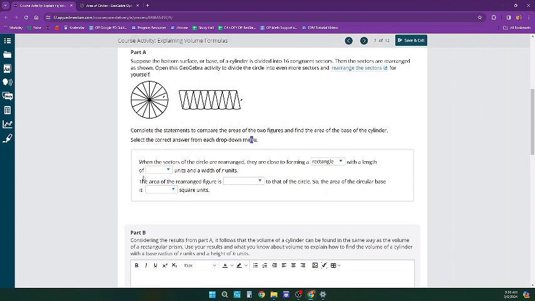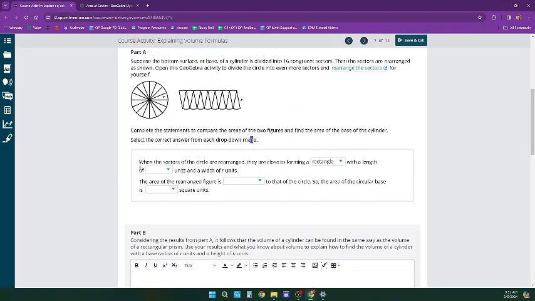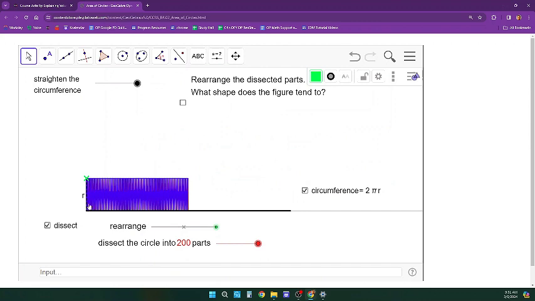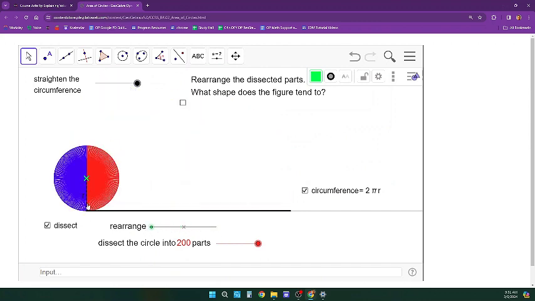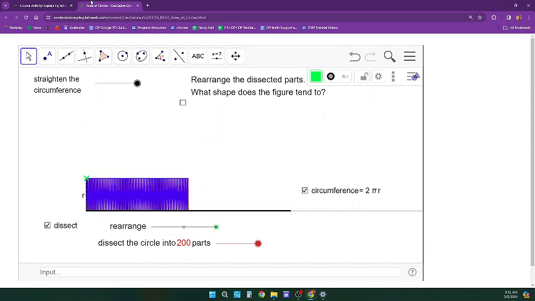So let's go ahead and keep going here. They are close to forming a rectangle with a length of, well, what's the length here? Well, it's half our circumference, so it's pi r, with a length of pi r units and a width of r units. Our radius hasn't changed, so our radius now turns into the height of our rectangle.